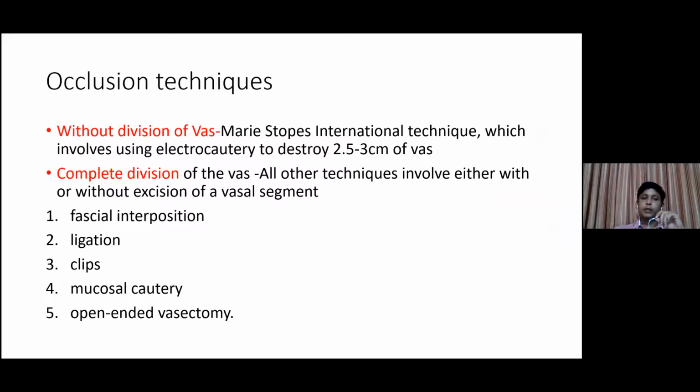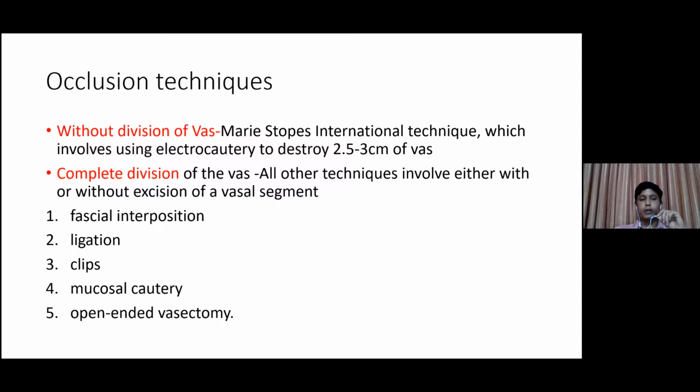For occlusion, there are two main techniques. We can either divide the vas and excise part of the vas, or without dissecting and ligation, we can destroy it with diathermy, which is called the Marie Stopes International technique, where we cauterize the vas for around 2.5 to 3 centimeters.